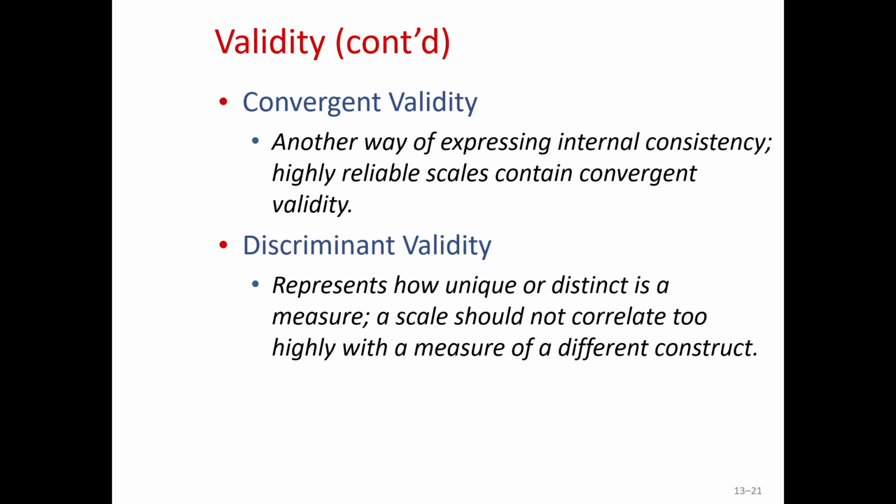Convergent validity requires that the concepts that should be related are indeed related. And discriminant validity represents how unique or how distinct a measure is; a scale should not correlate too highly with a measure of a different construct.